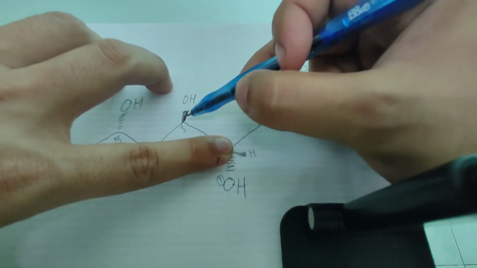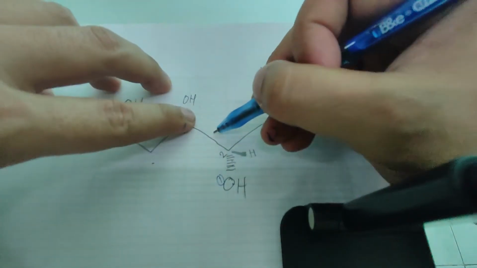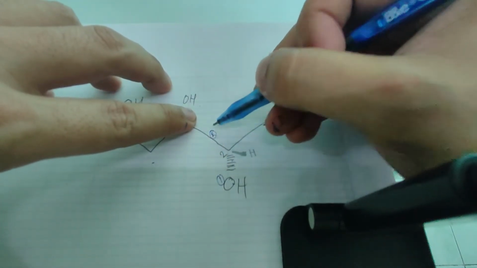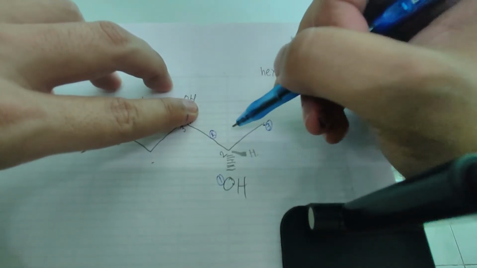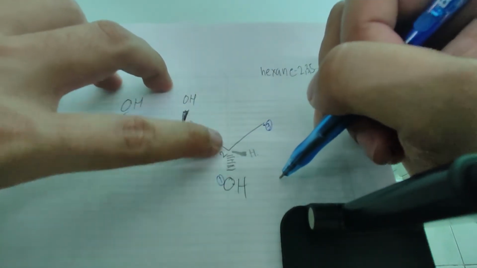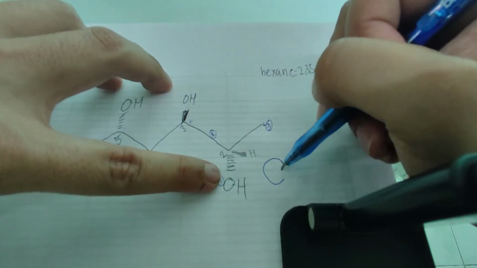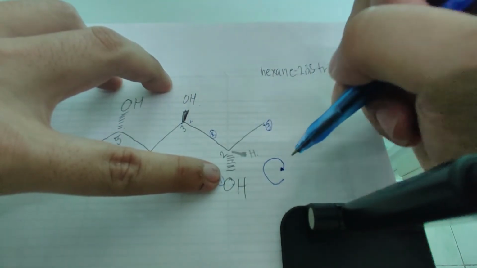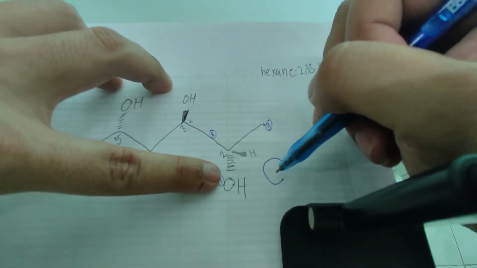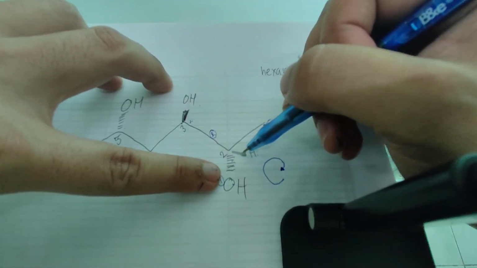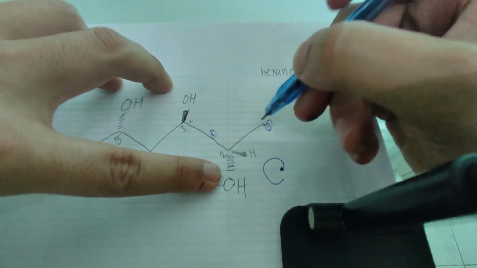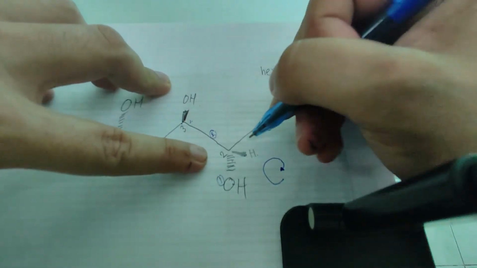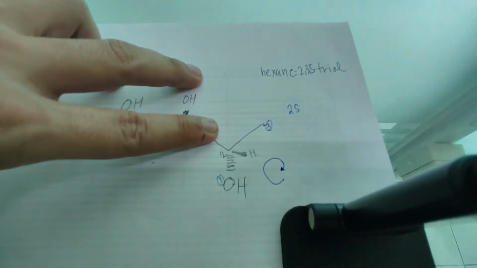Therefore, dito yung priority 2, and then priority 3 natin to, and then this is your priority 4. So, the 1, 2, 3 sequence ay naka-clockwise mga kapatid. So, pagka naka-clockwise, R yan, pero dahil naka-wedge yung hydrogen, we will reverse. So, kung R yan, we have an S, we have a 2S here.